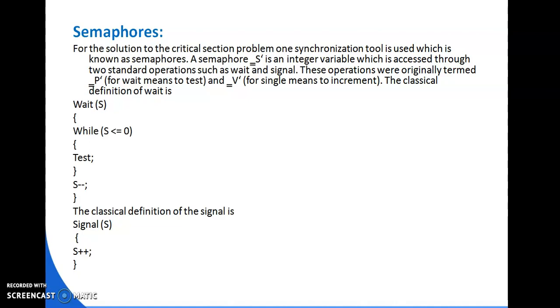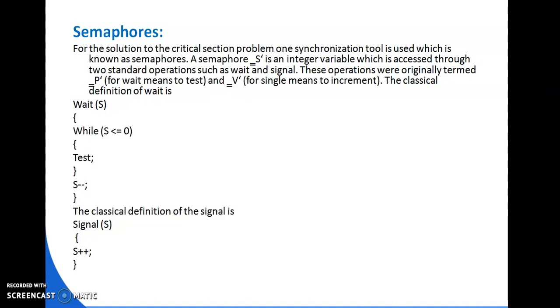We can implement this scheme readily by letting P1 and P2 share a common semaphore synchronization, initialized to 0, and by inserting the statements. So a semaphore S is an integer variable which is accessed through P for wait and V for signal, and this is the definition of the semaphore, right?